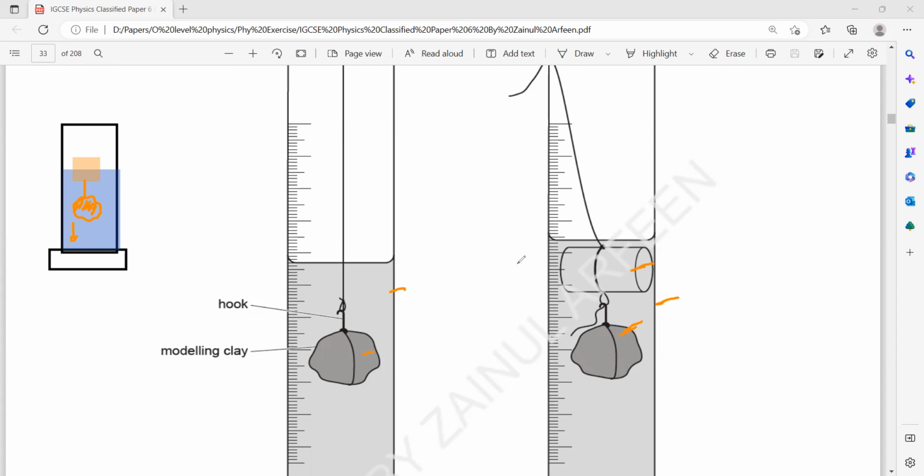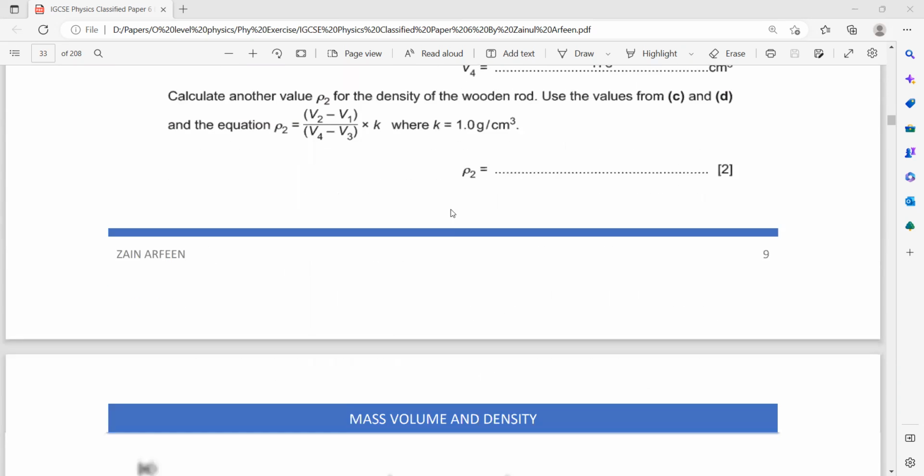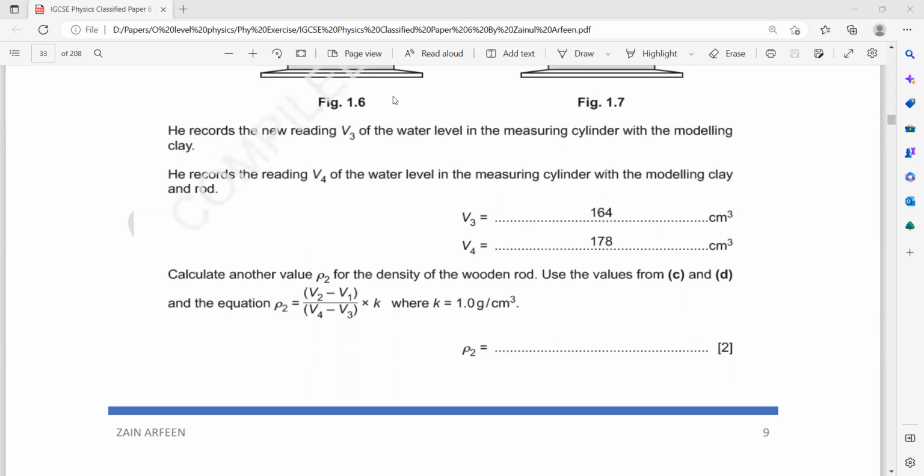But as I mentioned in paper 6, you don't have to memorize the formula. You just have to follow the instructions. So you have to calculate the new density, that is V2 minus V1 divided by V4 minus V3, multiplied by K. V2 was 152, minus V1 which was 144. V4 was 178 minus 164.